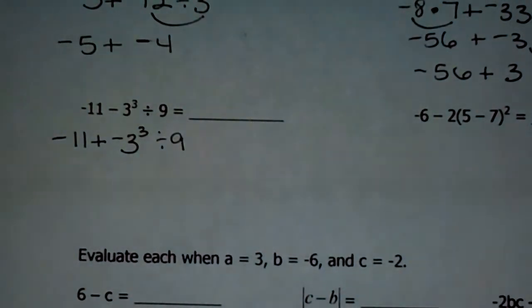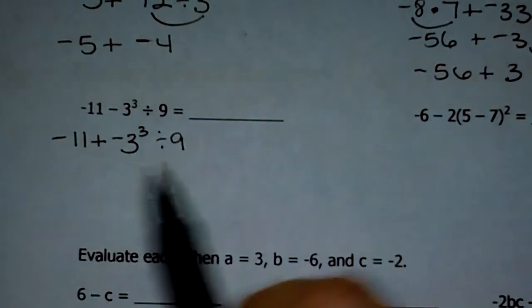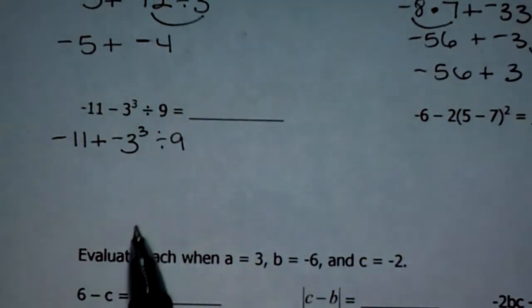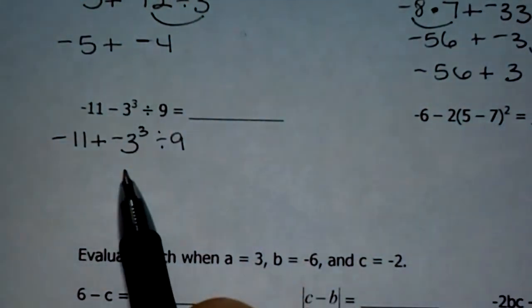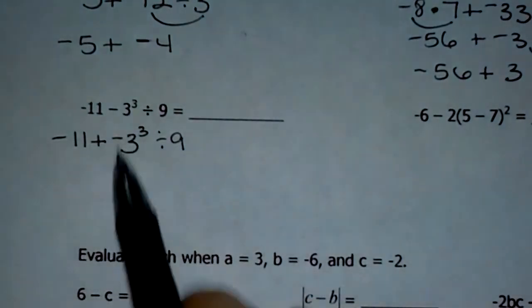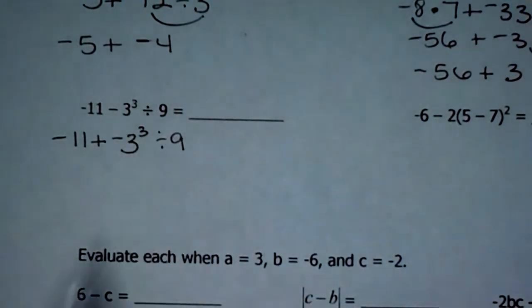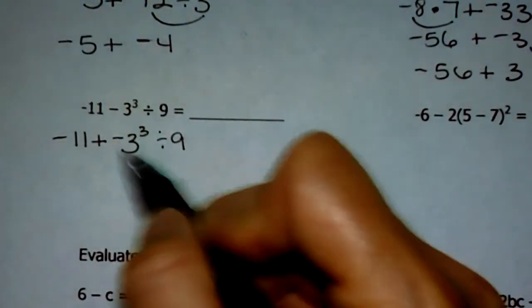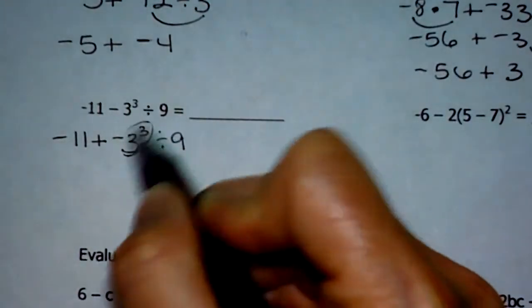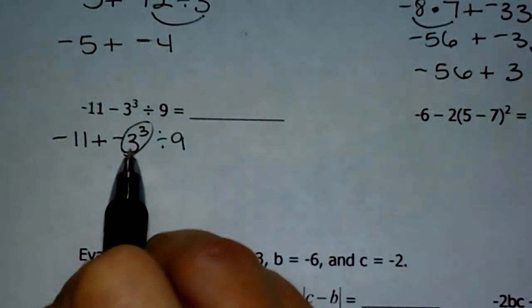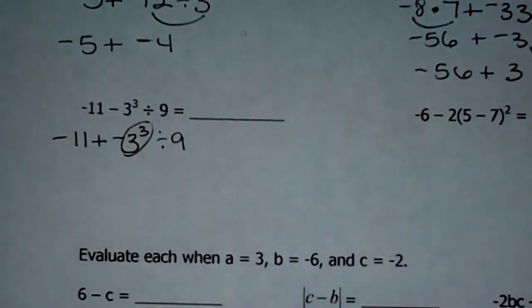No parentheses there, but I do see an exponent. That's what would happen next. Now remember in the multiplication, you learned that if I don't have the quantity of the -3, that it means the opposite of that. So with this problem, I know this is kind of tricky. I want to take care of this little piece first. I want the opposite of whatever 3 to the 3rd power is.